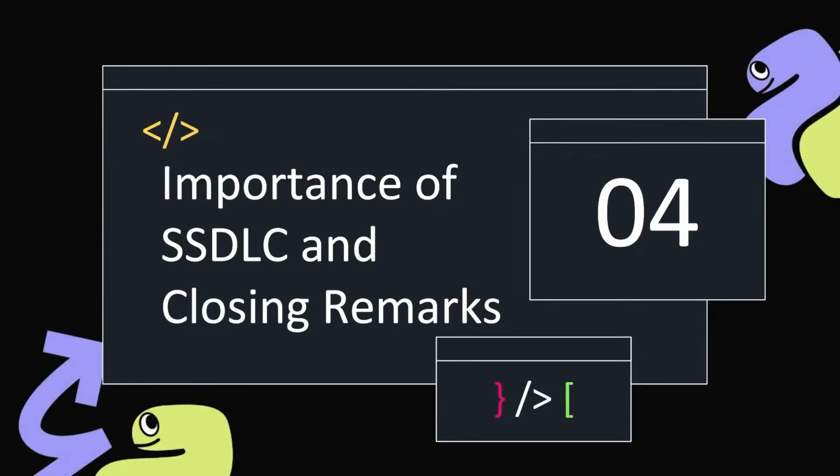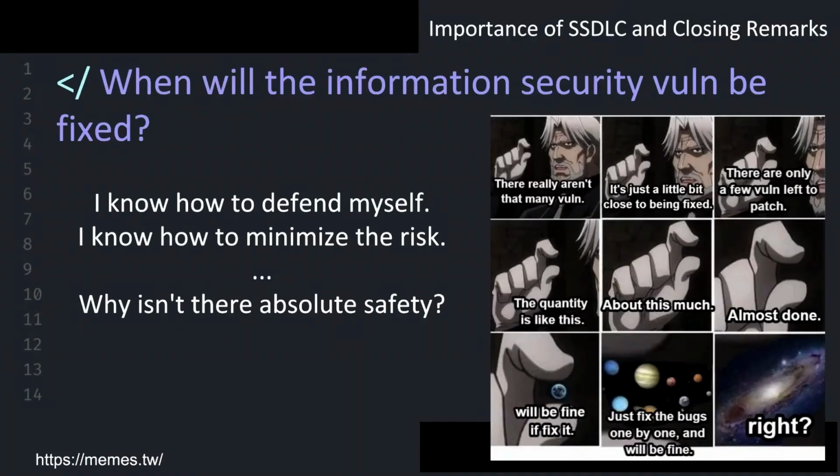So finally, we need to talk about why we need to do security testing on the source code. We can never be certain when a security incident will occur, which is why it's crucial to deploy preventive measures in advance to safeguard your assets.